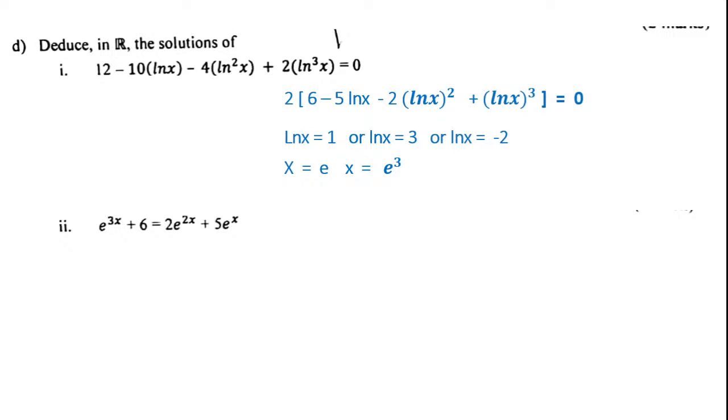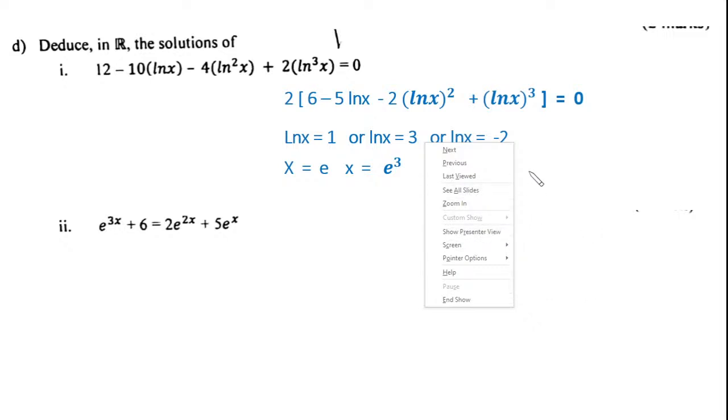Okay, so for this last one, we have ln x equals negative 2. From here, we will have x equal to e to the power negative 2, that is 1 over e squared. So for this last one, we will have 1 over e squared.